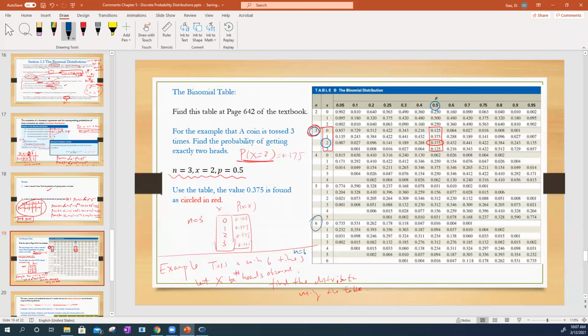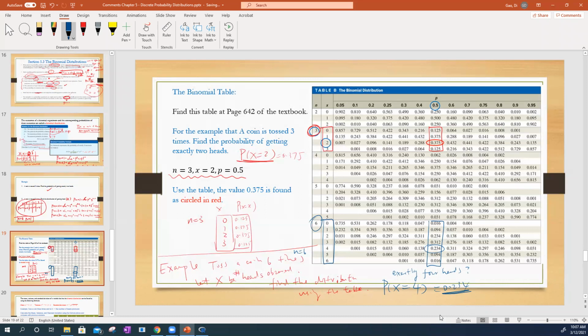The possible values are right after the 6: x can take 0, 1, 2, 3, 4, 5, 6. And again, probability is 0.5 because it's a coin toss. These are the corresponding probabilities. If we want exactly 4 heads, probability of x equals 4, that is the number 0.234. That's how we use this binomial probability table.